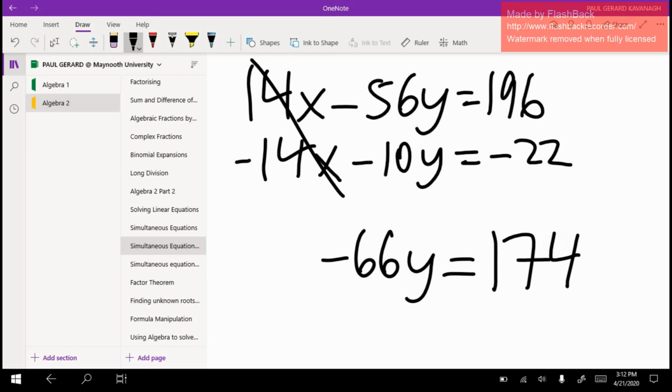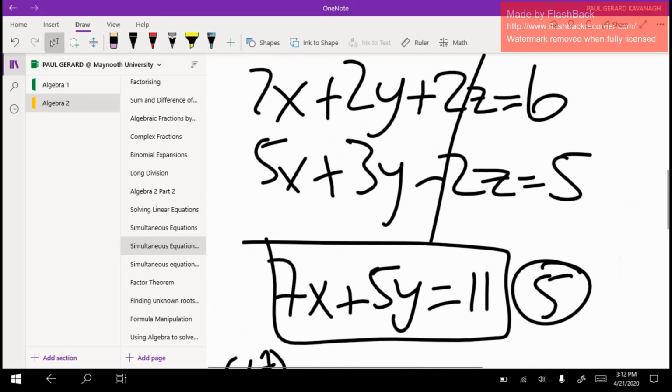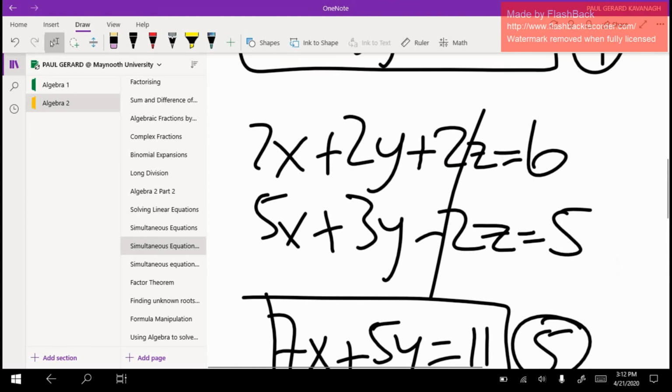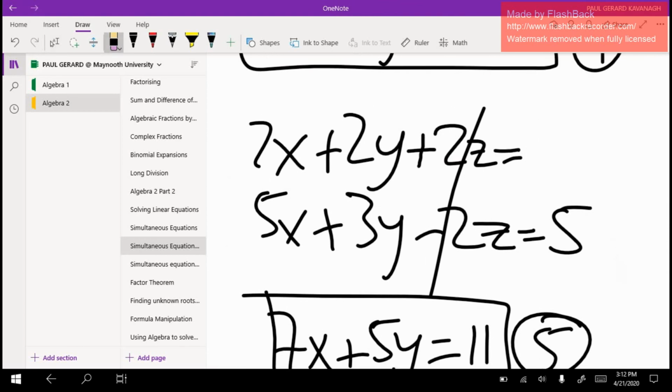Okay, I've done something wrong. Let me have a look. What did I do wrong? Oh, okay, I see where I went wrong. This should be plus 56y. I don't see where I went wrong yet. I forgot to multiply the 6 by 2.